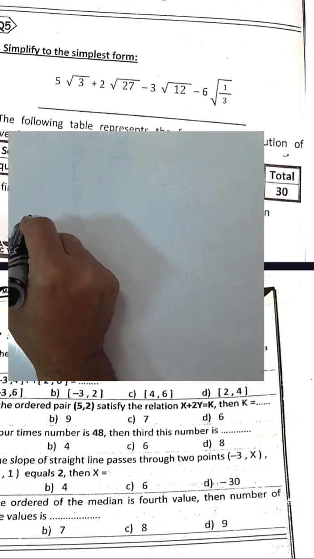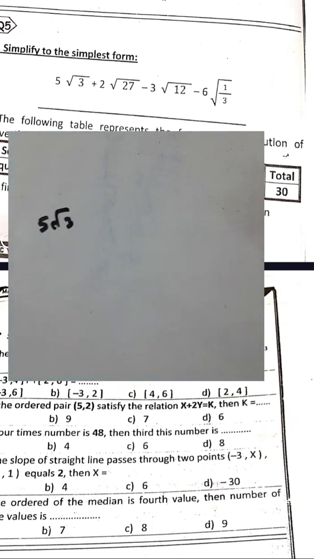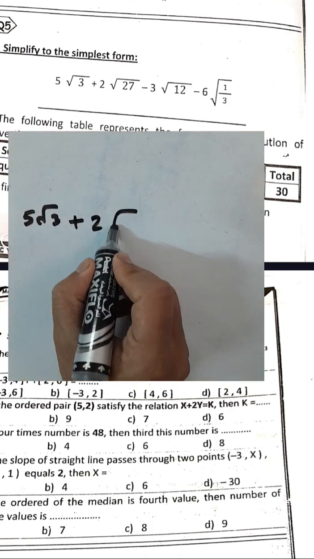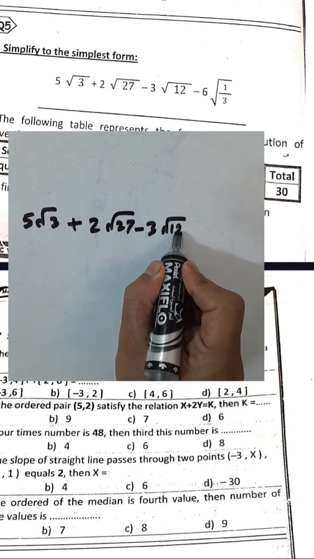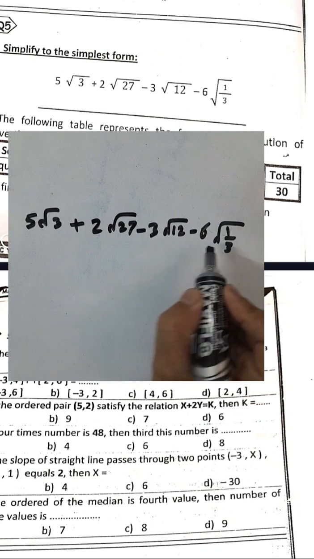5 root 3 plus 2 root 27, subtract 3 square root of 12, subtract 6 over square root of 3.